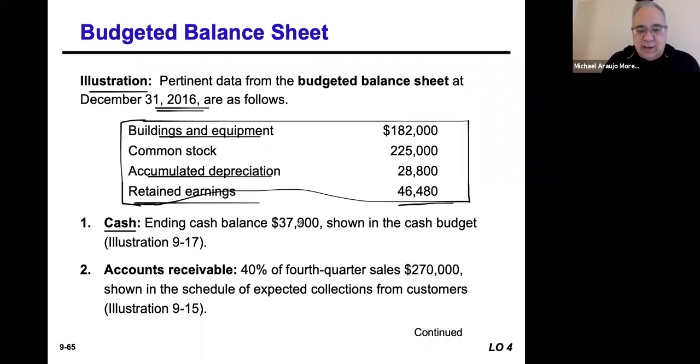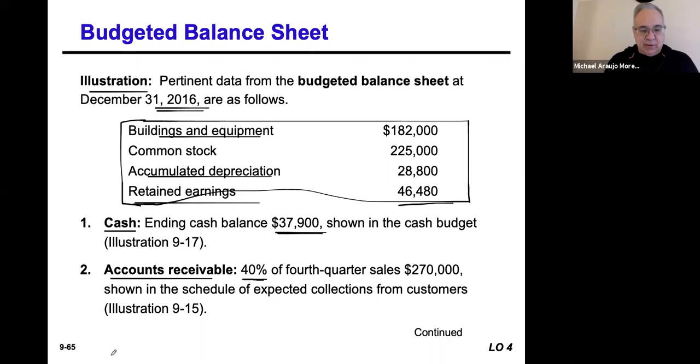So cash is easy, right? You know where that 37.9 came from, the cash budget. Accounts receivable, again, tells you that when we make sales, we collect 60% of the sales in cash in the quarter that it happened and 40% of the sales in the next quarter. So we're still waiting for 40% of the sales from the fourth quarter.